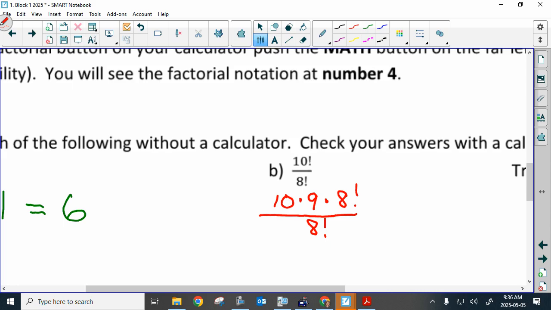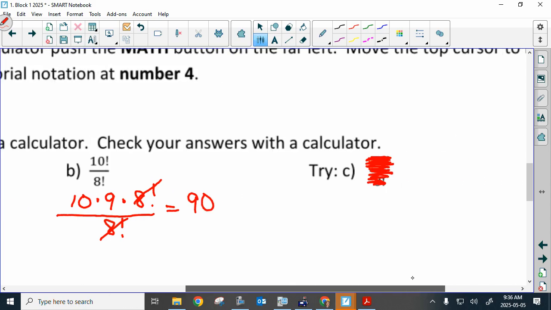So I don't have to go 10 times 9 times 8 times 7 times 6 times 5 times 4 times 3 times 2 times 1. Like you could put times 7 times 6, and then the 8's divide, the 7's divide, the 6's, or we could just divide the 8 factorial, and we end up with 90.